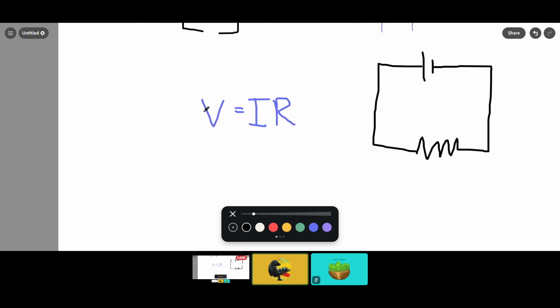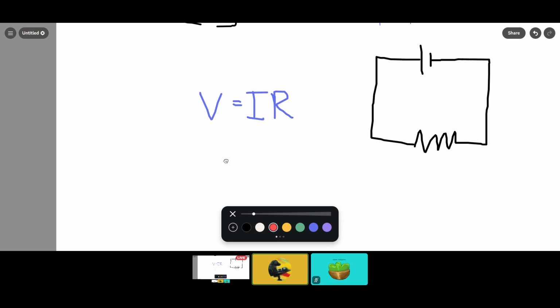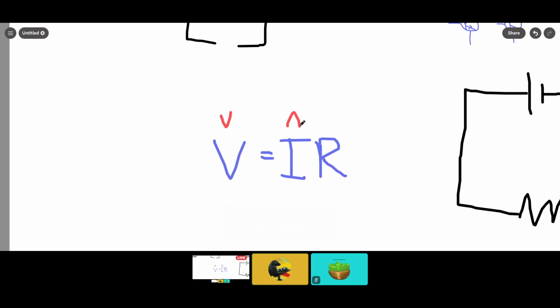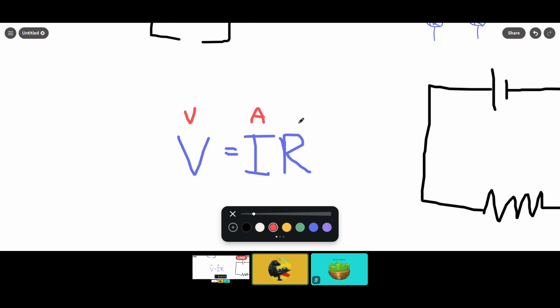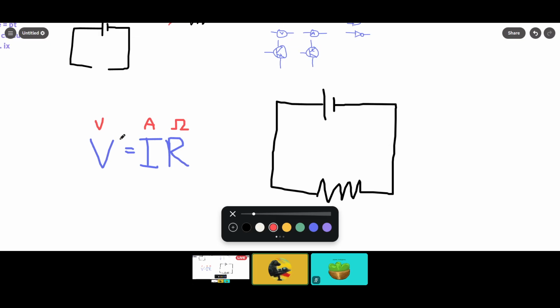For these three symbols, there are actually units. For voltage, it's V. For I, it's A, for amps. And for R, it's ohms. So if I say this battery has 10 volts, you just say 10 volts.